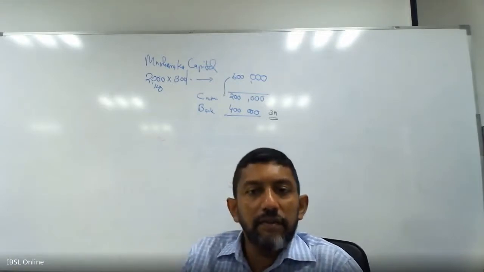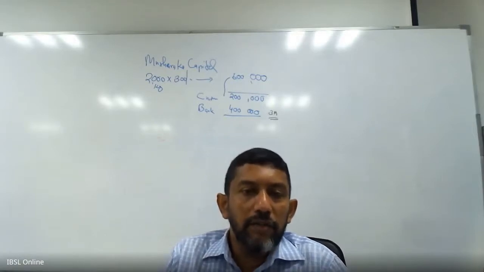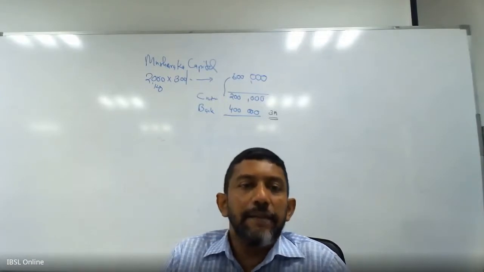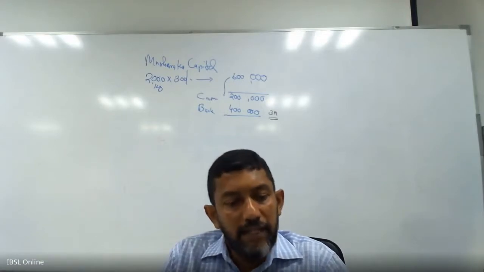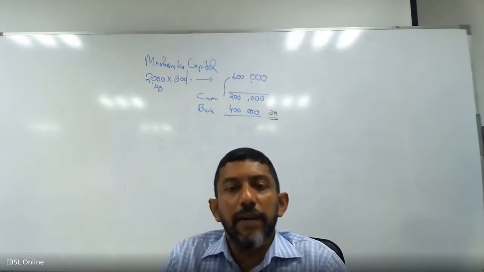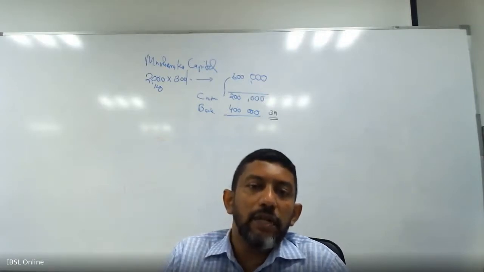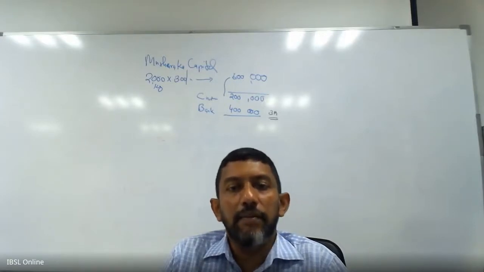Based on that, you figure out the customer's rating and the security offered, and you come up with the pricing relevant to him. This question tells you that for this customer, the relevant pricing is 18% per annum.